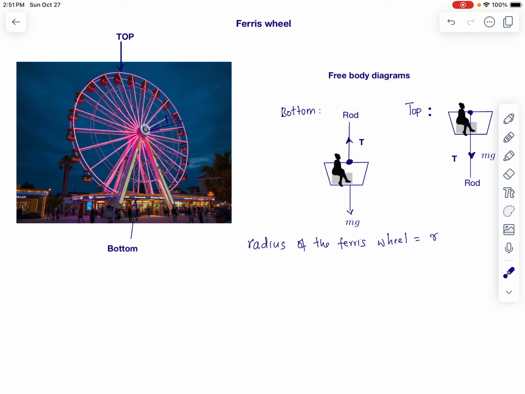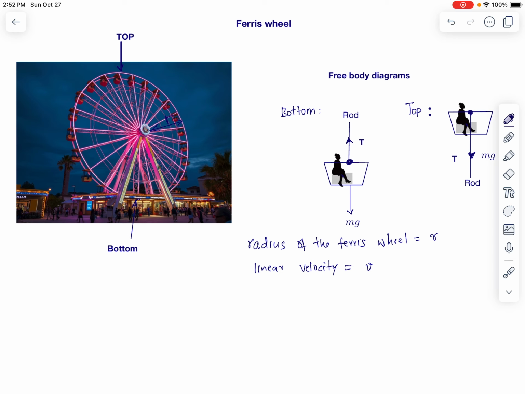This gondola here is attached to the center of the Ferris wheel by a rod, and the tension in the rod is what keeps the gondola in place so that it doesn't fly off. We also assume that the linear velocity of the person and the gondola is v.